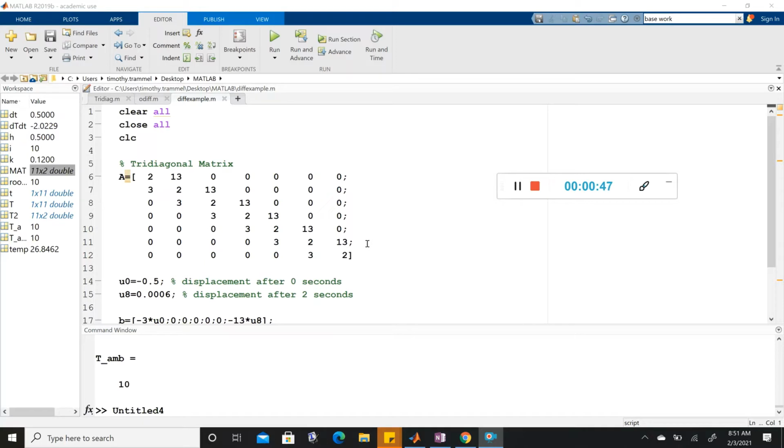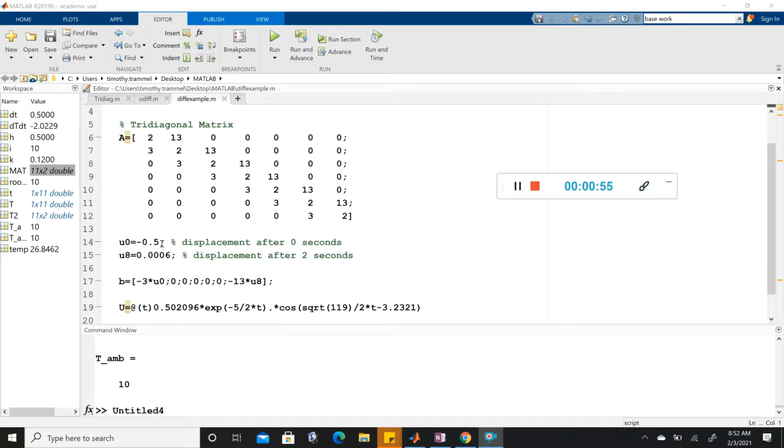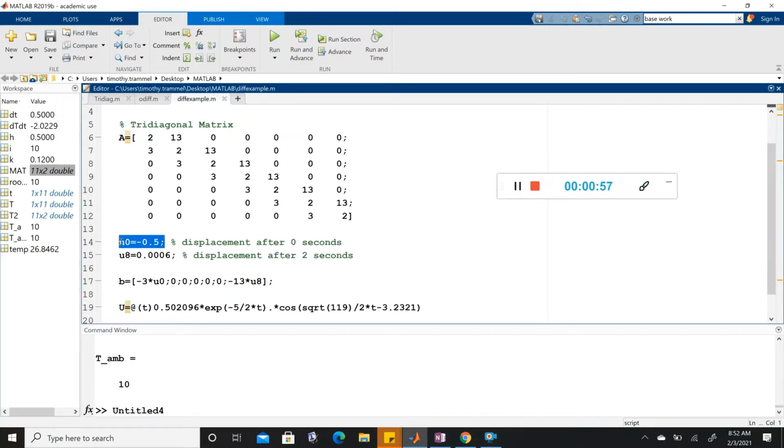All right, and now that we're in Matlab, you can see that large tridiagonal matrix. I put in here our displacement at the very beginning and our displacement at the very end of our 2-second interval, and then just generated the vector b, which, remember, is mostly zeros other than that first entry and last entry, and that's just because we happen to know the displacement at these 2 points in time.